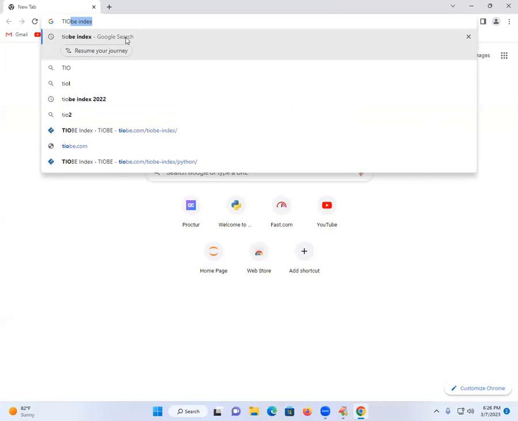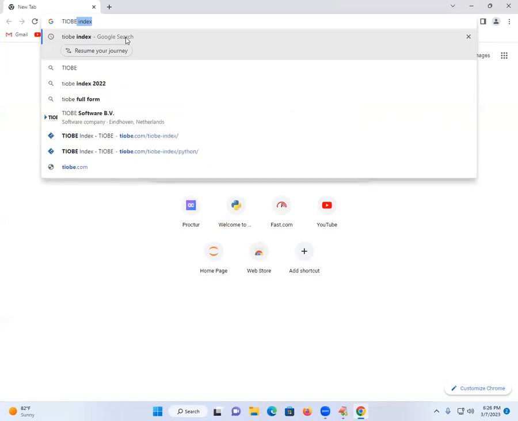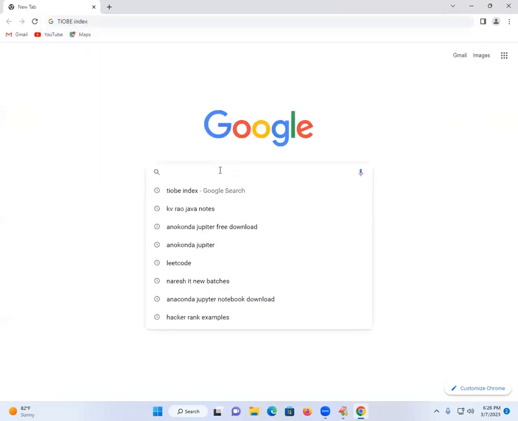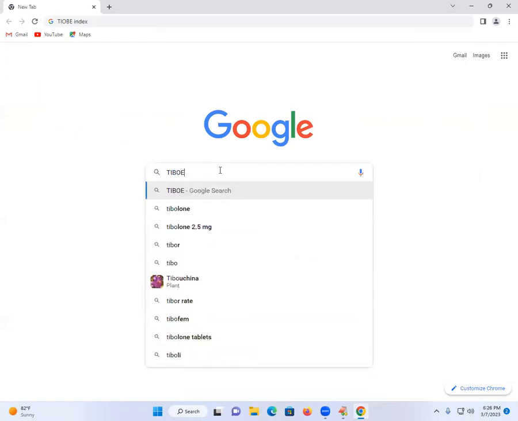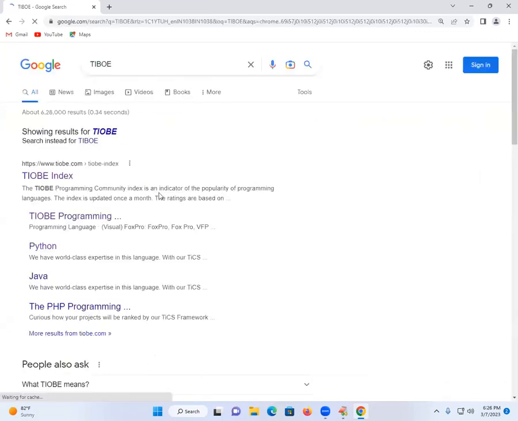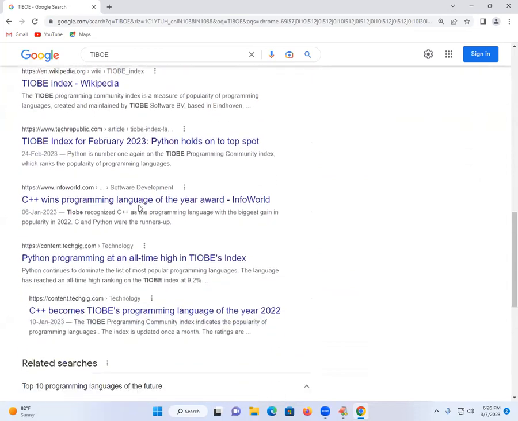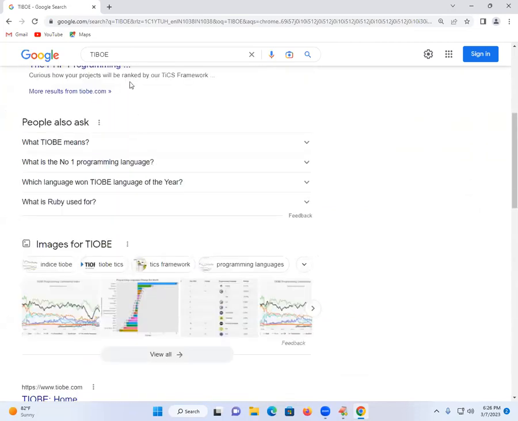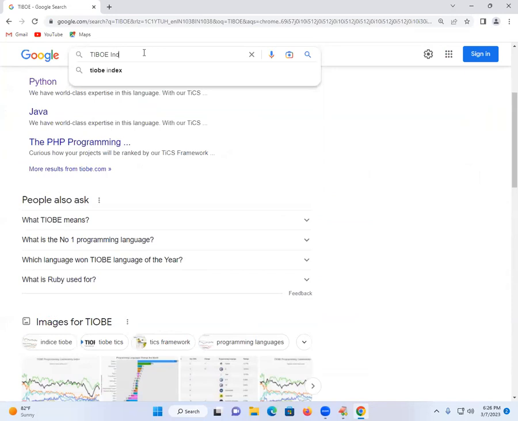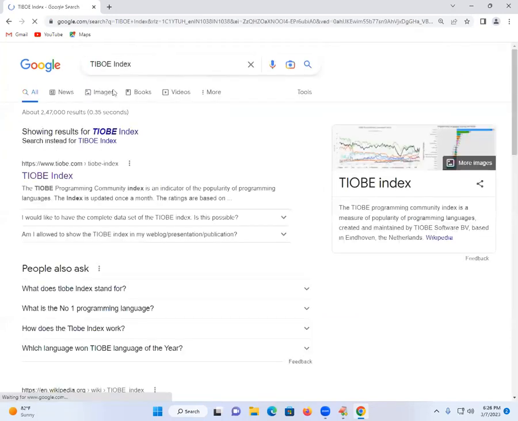The TIOBE index is one of the popular software survey companies. They talk about the programming languages' popularity.